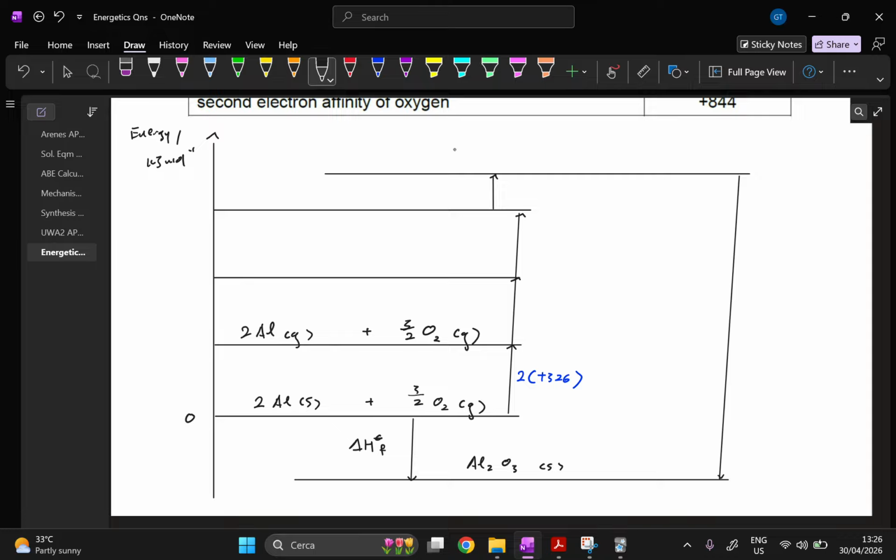I need 2 moles of gaseous Al3+ and 3 moles of gaseous O2-. So I've already changed everything to the gas, right? This is gas, this is gas. So for the rest of my cycle, I no longer need to change state symbols. But I need to get from Al to Al3+. So I'm going to do that now. I change it to Al3+. Once again, nothing happens with the oxygen, so just copy over.